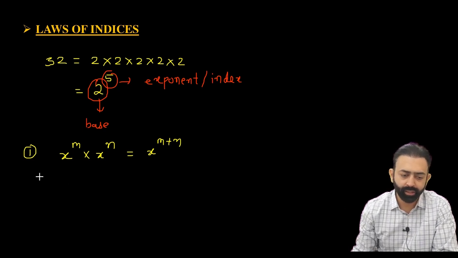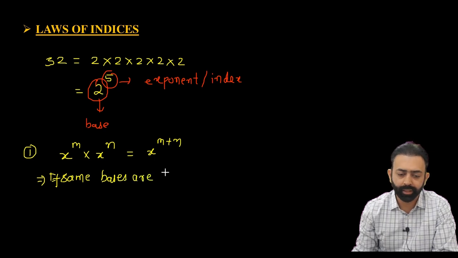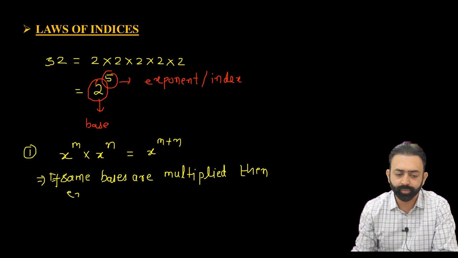In words we can write that if same bases are multiplied, then exponents get added.